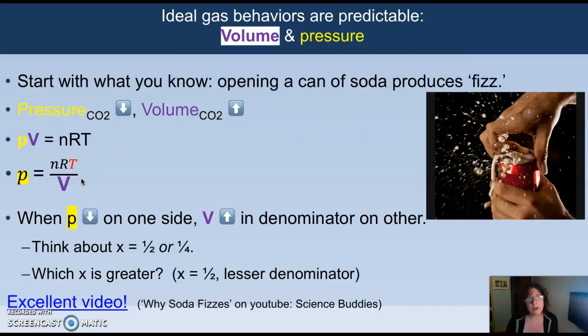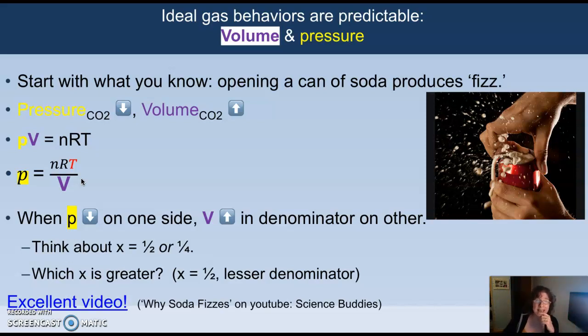Here's another one that you know about, the relationship between volume and pressure. Think about a soda can, pop-top soda can. When you pop the top, you're releasing the pressure, right? That was a pressurized can. And if you've shaken it up, it's going to fizz all over the place. What's really happening there? You're releasing the pressure, and the pressure is decreasing, and the CO2 is expanding out and taking the liquid with it.